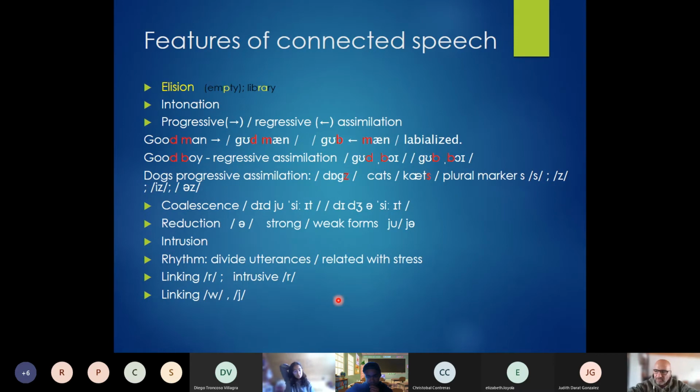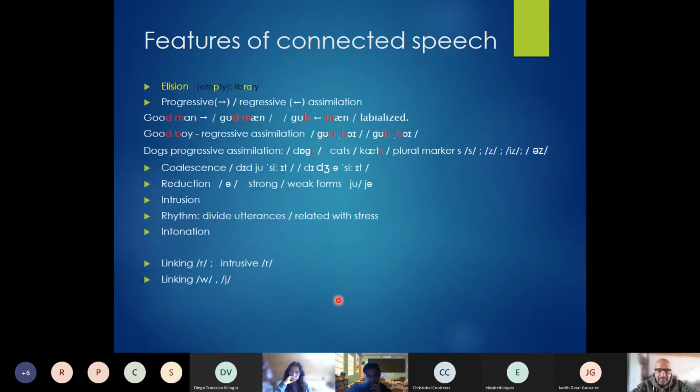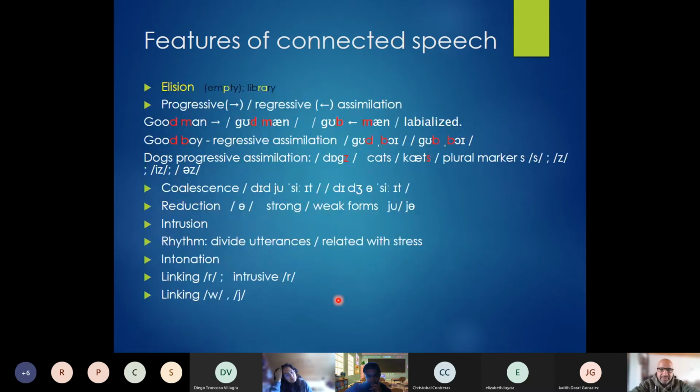We have sentence stress as well, right? Which is also connected with intonation, right? Intonation is right here. I'm going to put it below rhythm, because they are quite connected with each other.